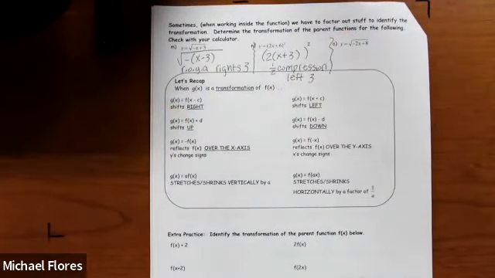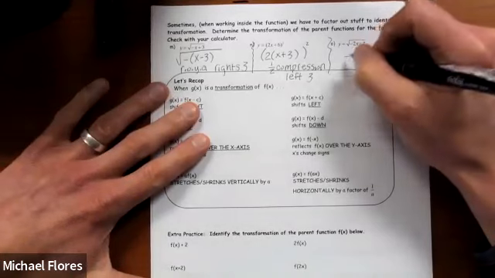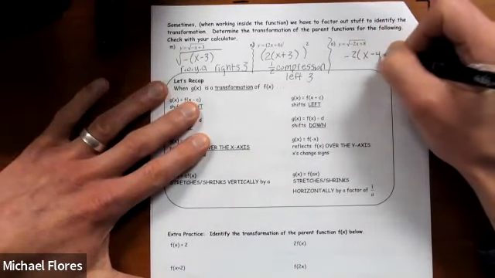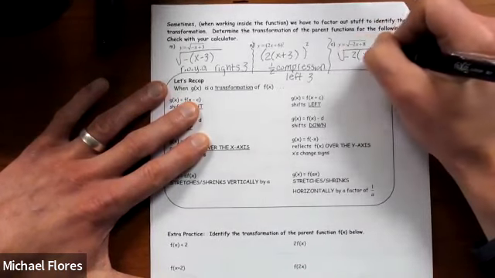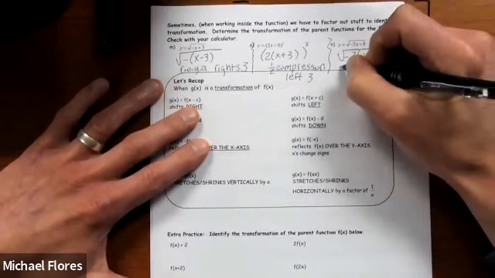Okay. So for example, O, let's start by factoring out the negative 2, leaving us with x minus 4. Looks like we're going to have a reflection over the y-axis.